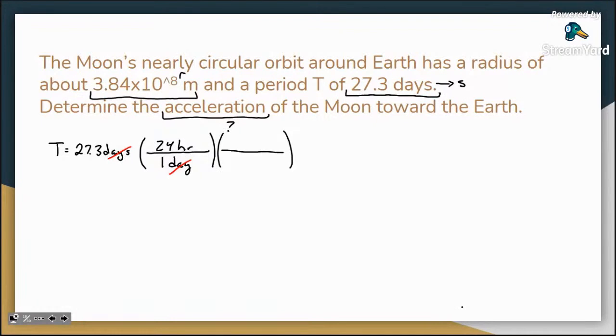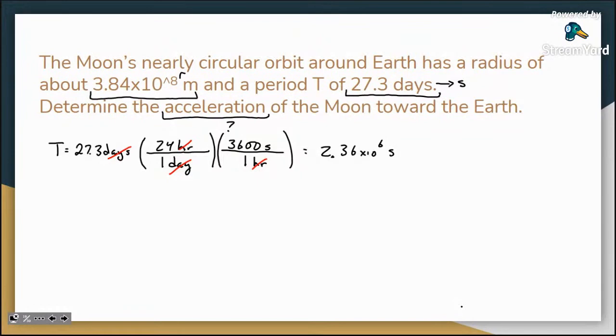I'm then going to convert those hours to seconds, recognizing that there are 3,600 seconds for every 1 hour, because it'd be 60 times 60. In doing so, hours will cancel, leaving me with seconds. And I calculate a value of 2.36 times 10 to the 6th seconds. So that's the period.